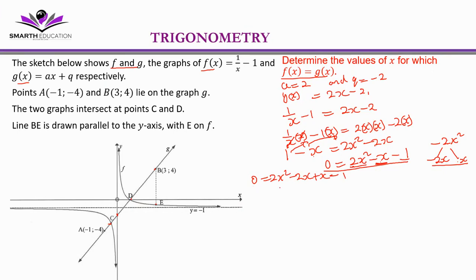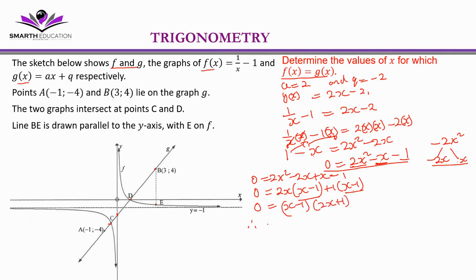Then we can factorize by grouping in pairs. 0 is equal to, for the first pair, the highest common factor is 2x. So you factor it out, becomes x minus 1. Then for the second pair you can factor out positive 1, becomes x minus 1, so that we have a common bracket. You can factor out the common bracket, which is x minus 1. So it becomes x minus 1 and then 2x plus 1.